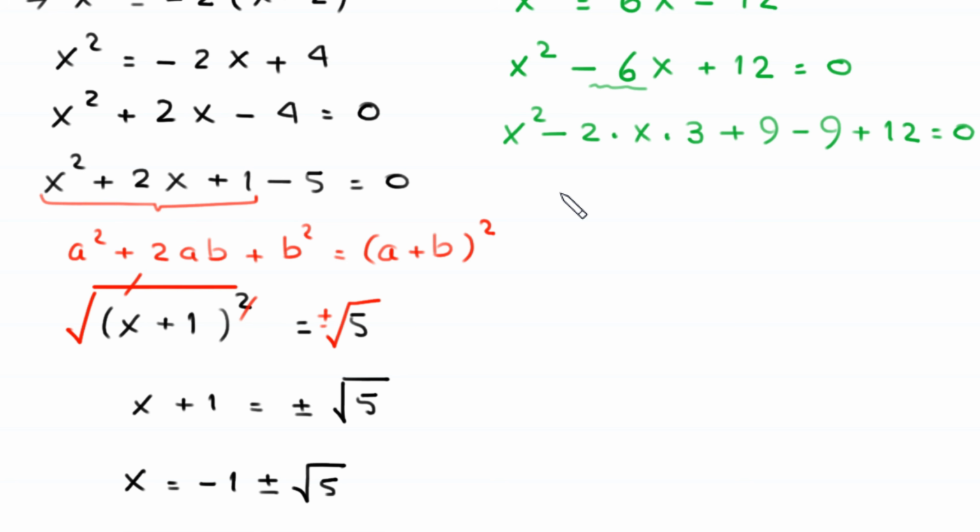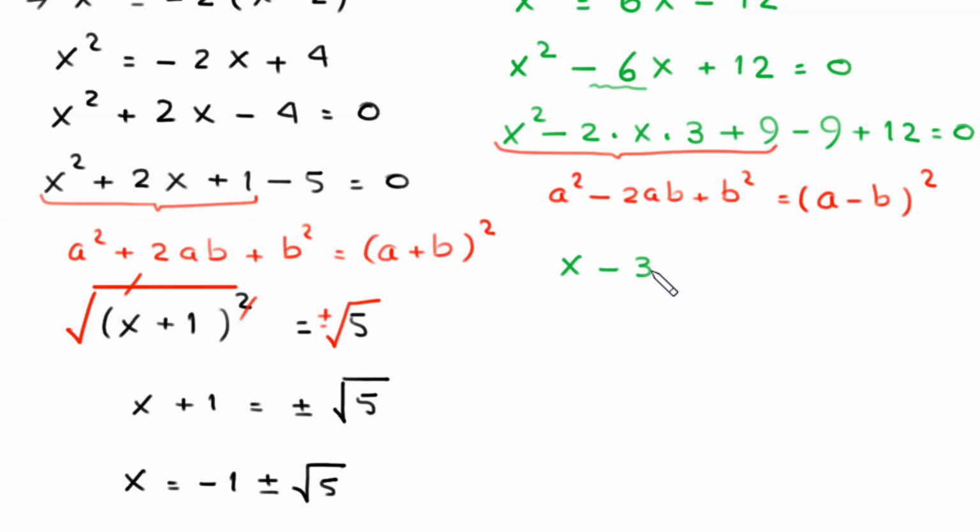By using this algebraic identity, a squared minus 2ab plus b squared equal to a minus b whole squared, this x squared minus 2 times x times 3 plus 9 will become x minus 3 whole squared, and this negative 9 plus 12 will become plus 3 equal to 0.